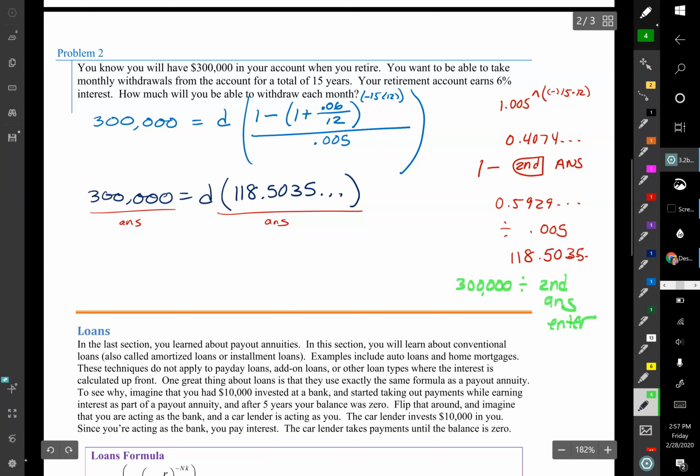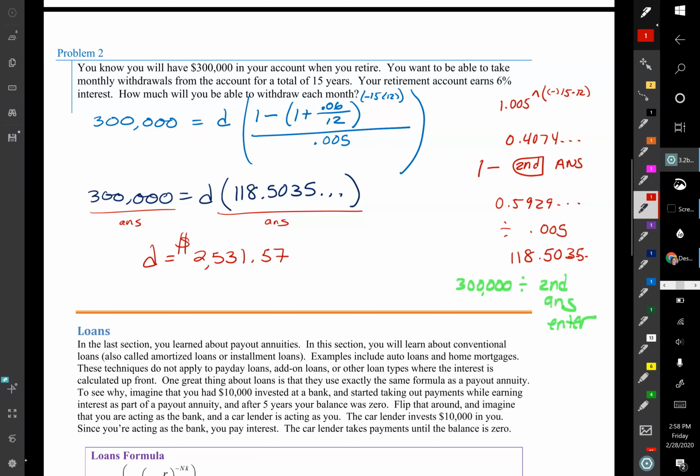And what I end up with in that case is D equals $2,531.57. So if you find your answers are a little teensy off, that means you probably did round.